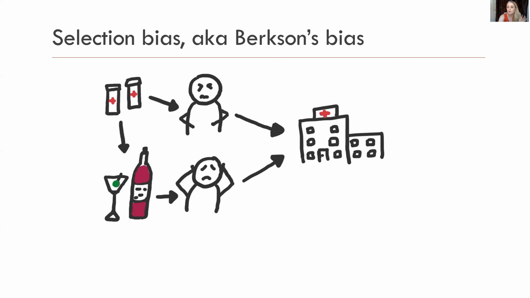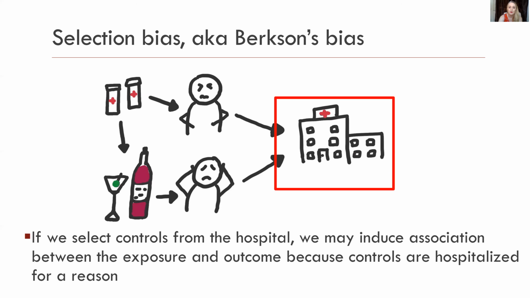And what we want to know is whether there's an association between medication and our index exposure, or our index outcome of this case. But if the medication usage is, for example, related to an exposure that causes our other outcome, what we see is that by conditioning on hospital, we can create an association between being a case, being in the hospital.